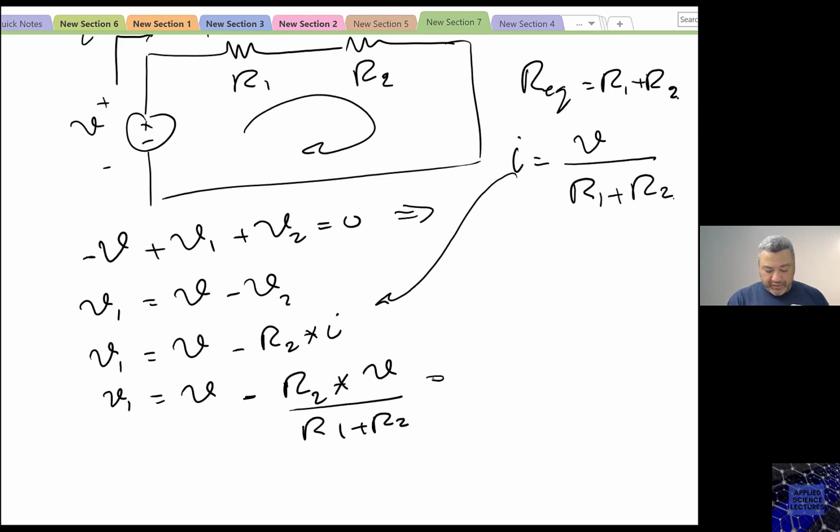And then if you take V outside, V1 would be V times (R1 plus R2 minus R2) over R1 plus R2.